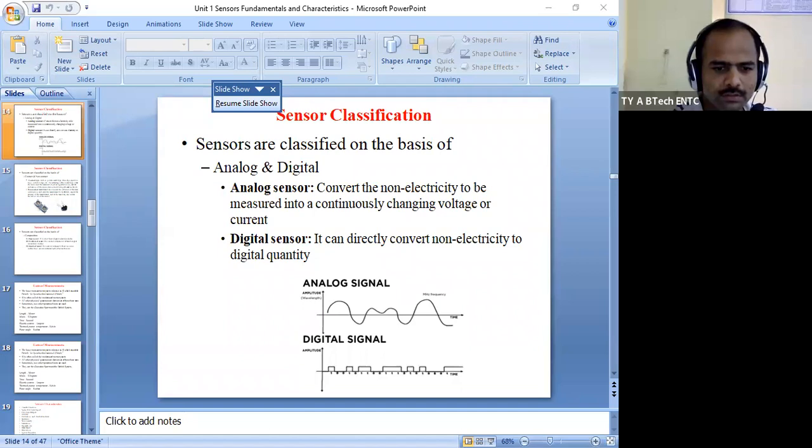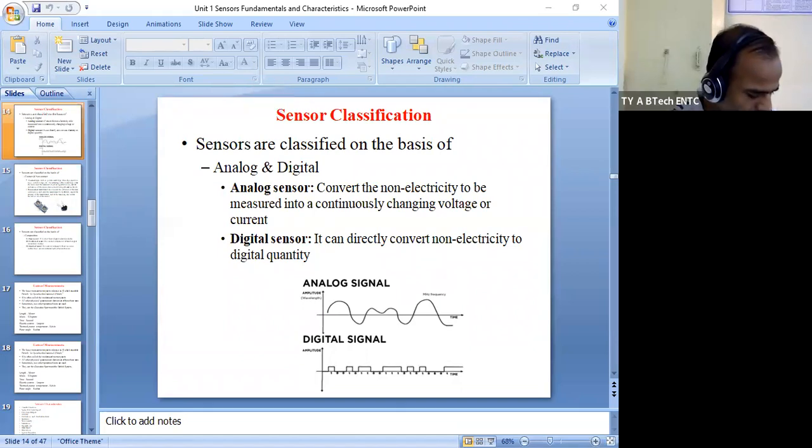Okay. 18. 18 is not there here. 20. 22. 21 also there. 21. Okay, good. 21 present. 22.